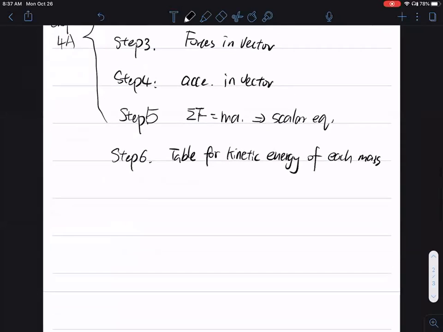So here it's important, it's for each mass. Remember, if we have multiple masses in the system, each mass is going to have kinetic energy based on its speed. So we need to build a table for that. My expectation for you is to have a table with 3 rows, T1, T2.